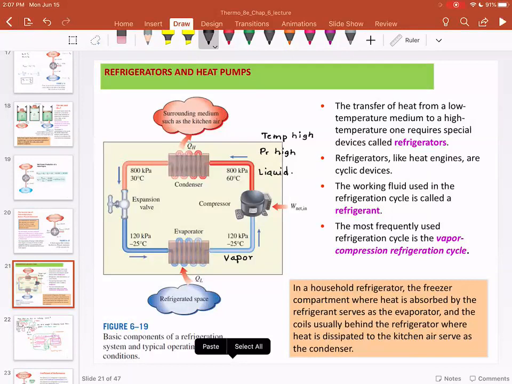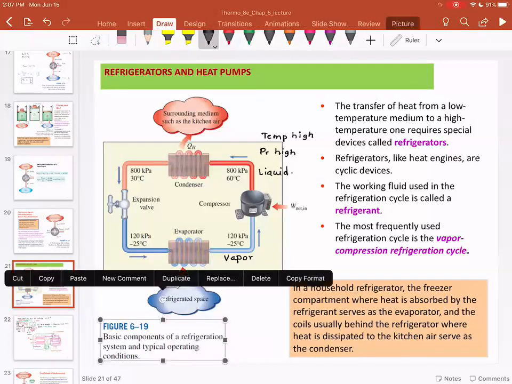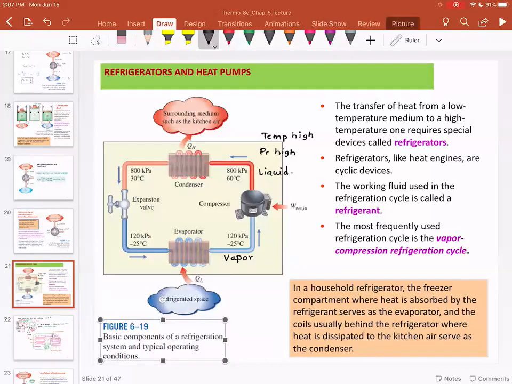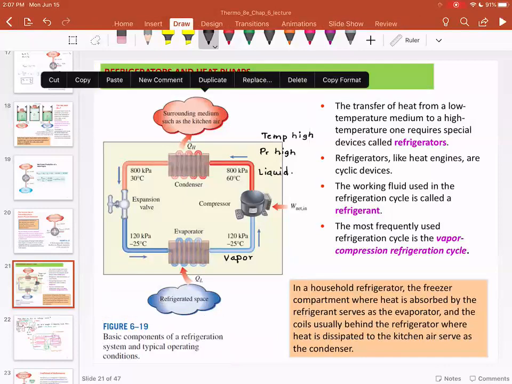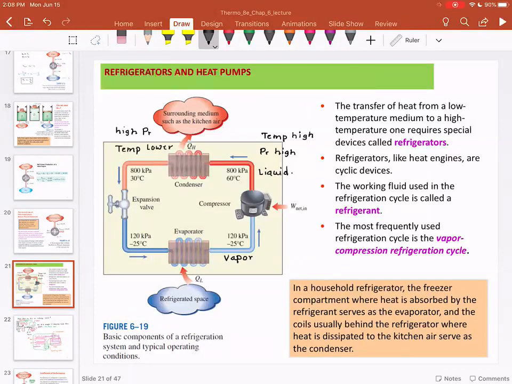Then once it goes through the condenser, you have high pressure, but the temperature drops down. Temperature is lower. Please note, temperature is not the lowest, but temperature is lower.